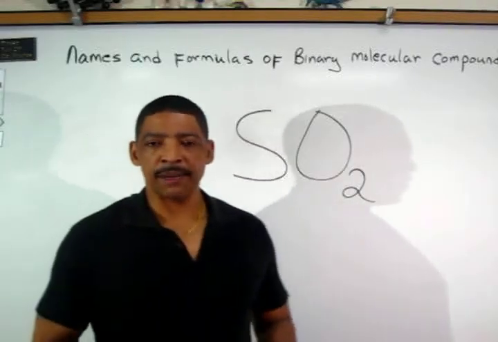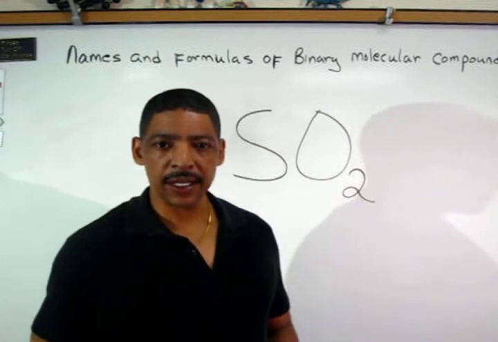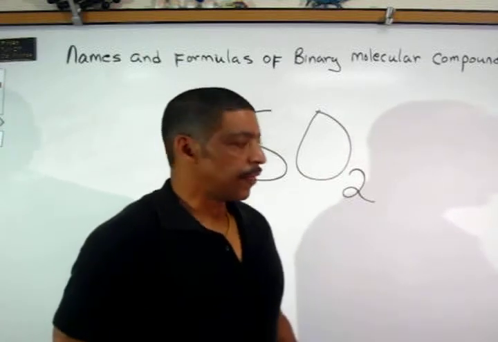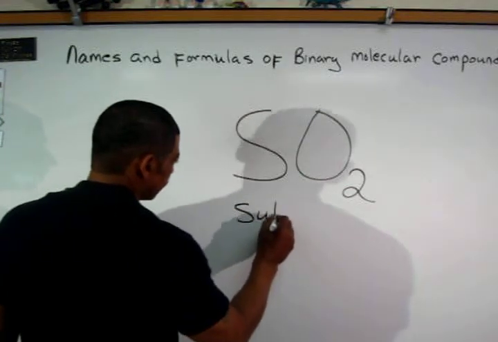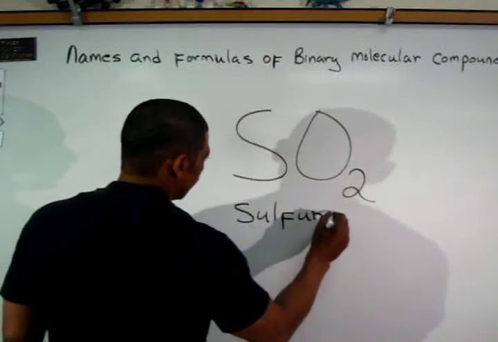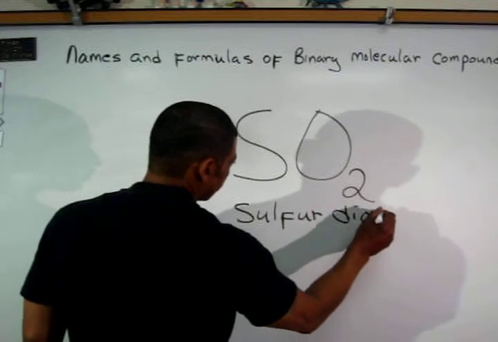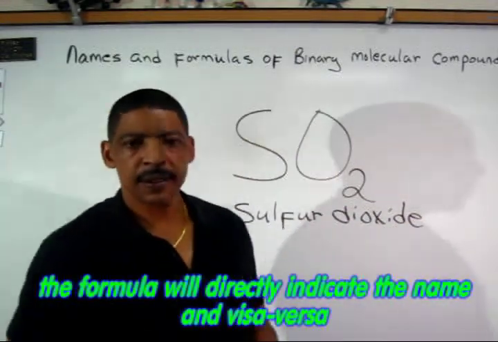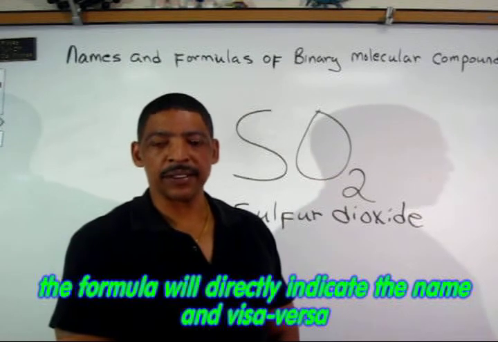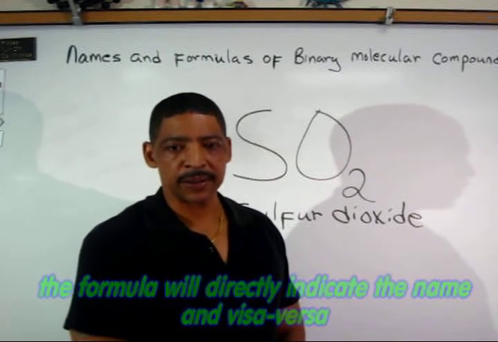This is another example of a binary molecular compound. This compound is called sulfur dioxide. Binary molecular compounds contain 2 different elements.